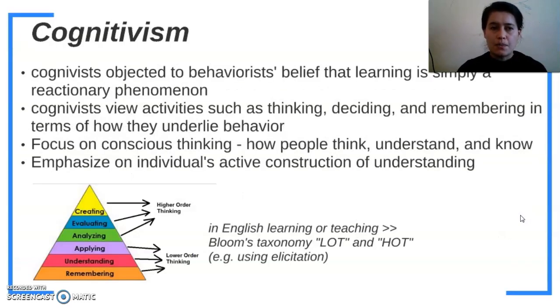And cognitivism. Cognitivists objected to behaviorists' beliefs that learning is simply a reactionary phenomenon. Cognitivists view activities such as thinking, deciding, and remembering in terms of how they underlie behavior. They focus on conscious thinking: how people think, understand, and know.